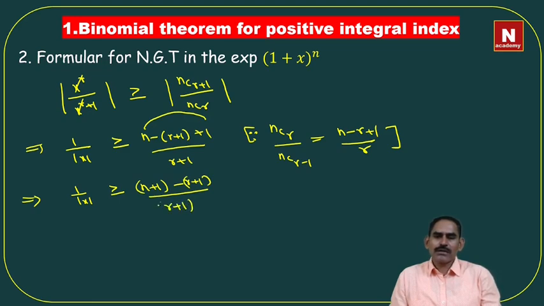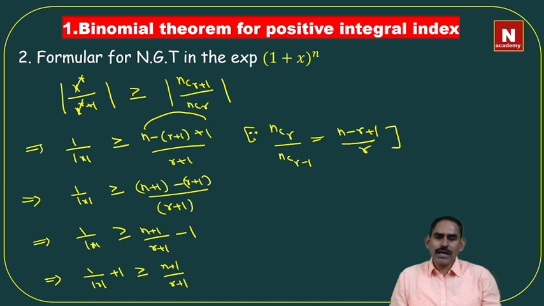Now split the numerator. That implies 1 by modulus of x is greater than or equal to (n plus 1) by (r plus 1) minus 1. Now write minus 1 on this side: 1 by modulus of x plus 1 is greater than or equal to (n plus 1) by (r plus 1).